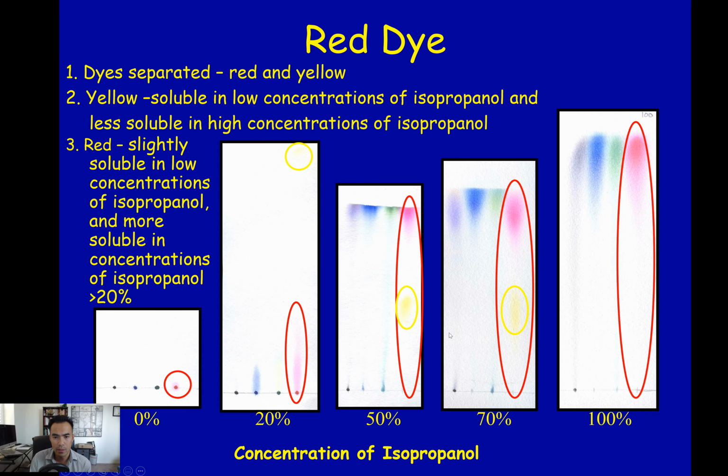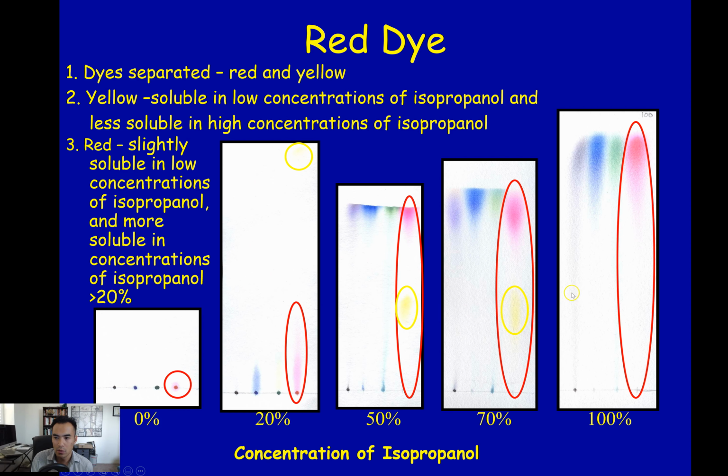Now, another idea here is different dyes have different solubilities. So if I take a look at this specific slide about red dye as an example, this dye has a red and yellow separation. Yellow is more soluble in low concentrations of isopropanol and less soluble in high concentrations. So obviously the colors definitely matter.